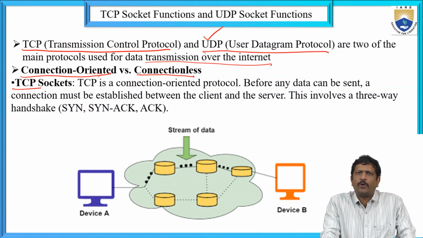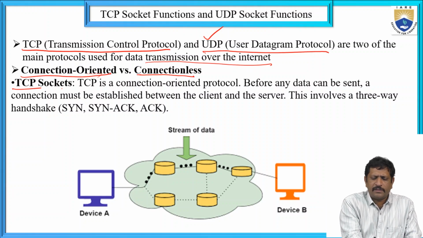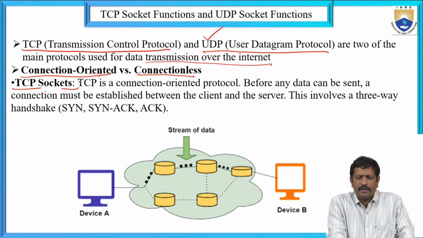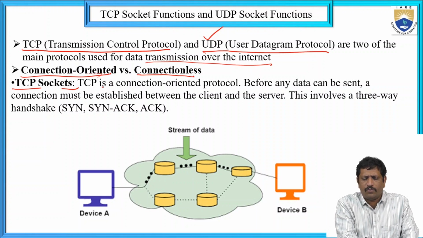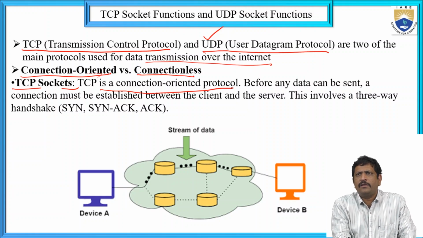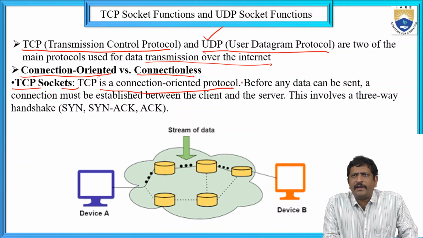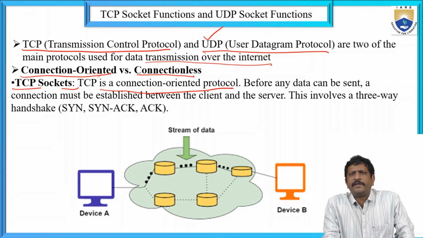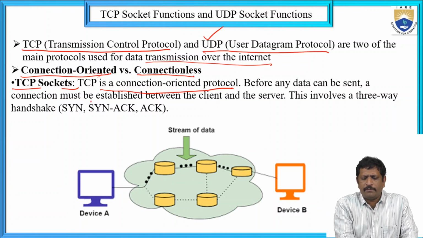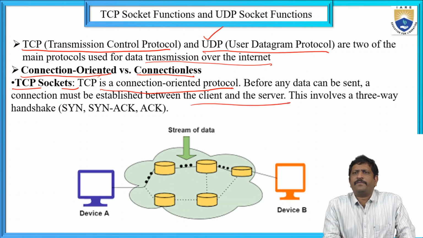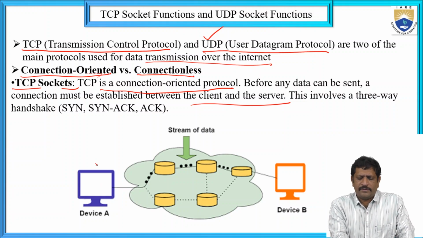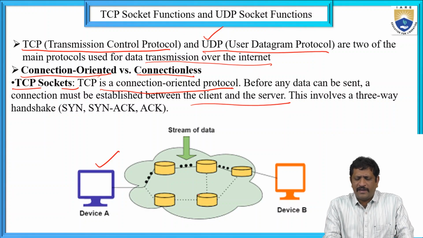Transmission Control Protocol sockets. Transmission Control Protocol is a connection oriented protocol. Before any data can be sent, a connection must be established between the client and server, with device A acting as a client and device B acting as a server.